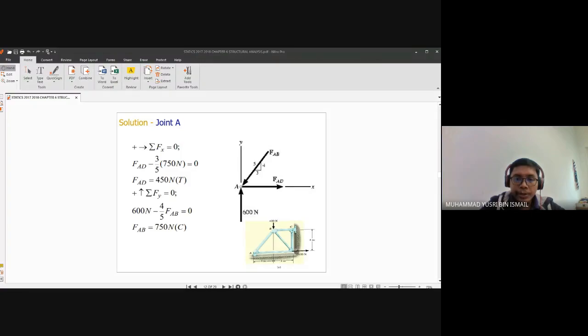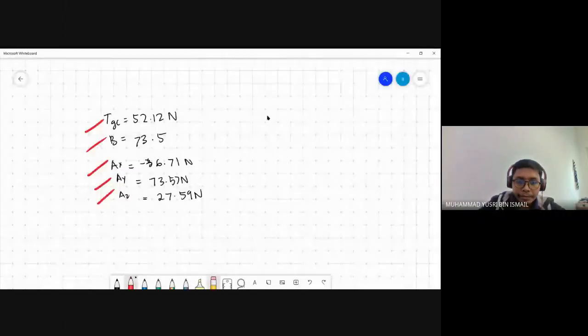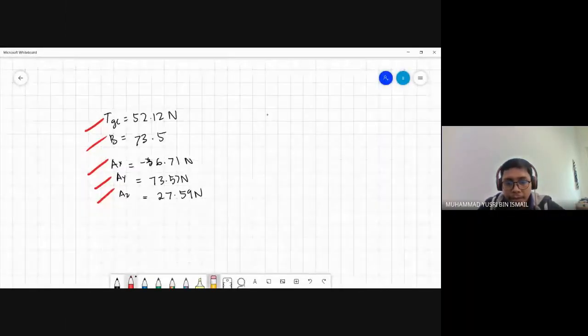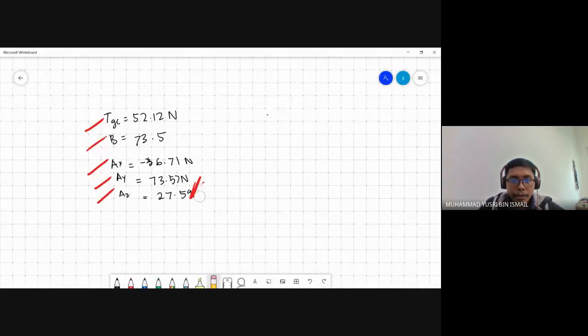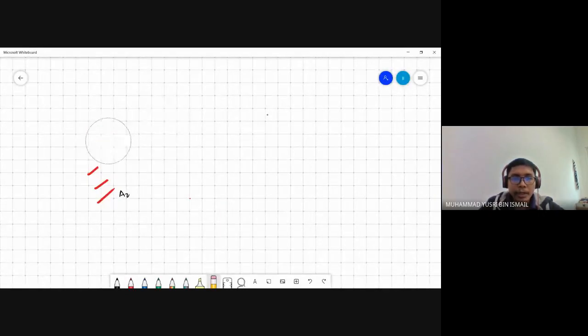Okay, I will show you. For a compression, I want you to imagine that you are compressing, for example, this calculator.